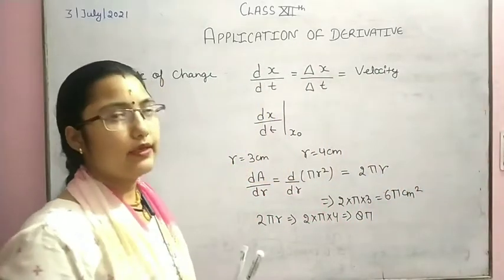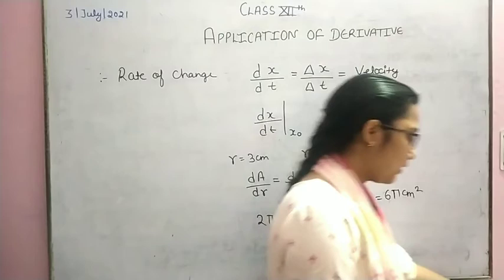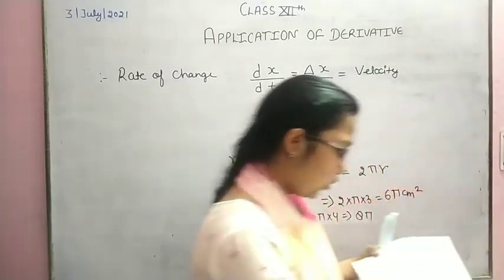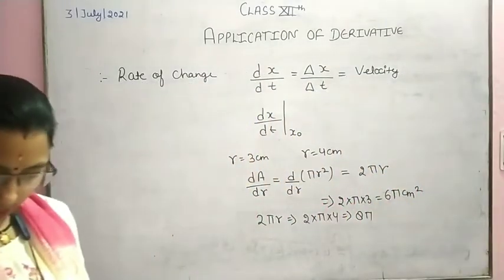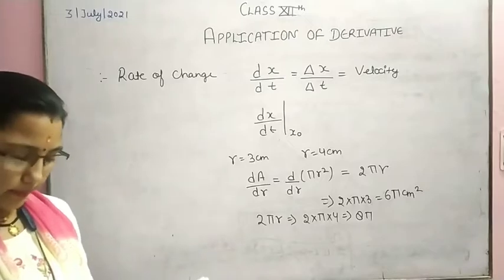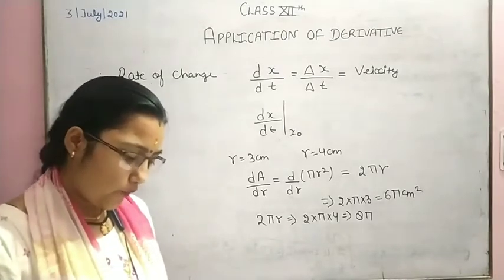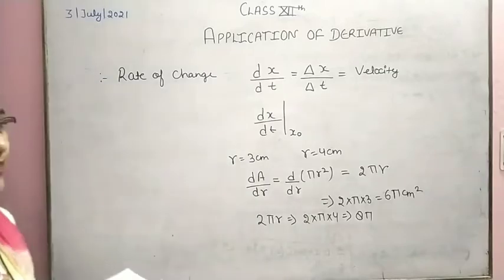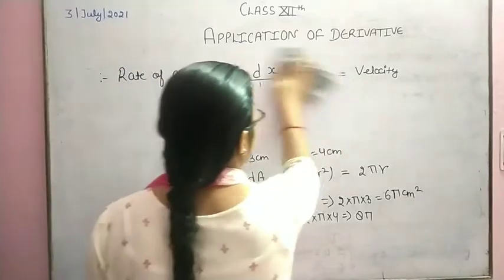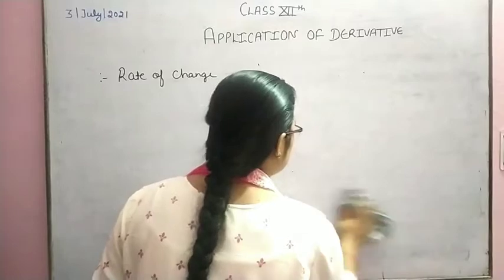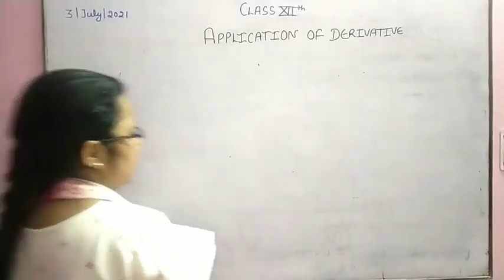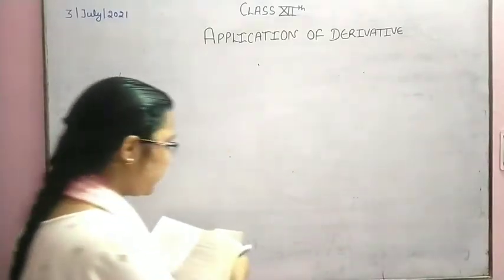Now come to the next question. The volume of a cube is increasing at the rate of 8 centimeter cube per second. How fast is the surface area increasing when the length of an edge is 12 centimeter? Let us first write the given quantities.